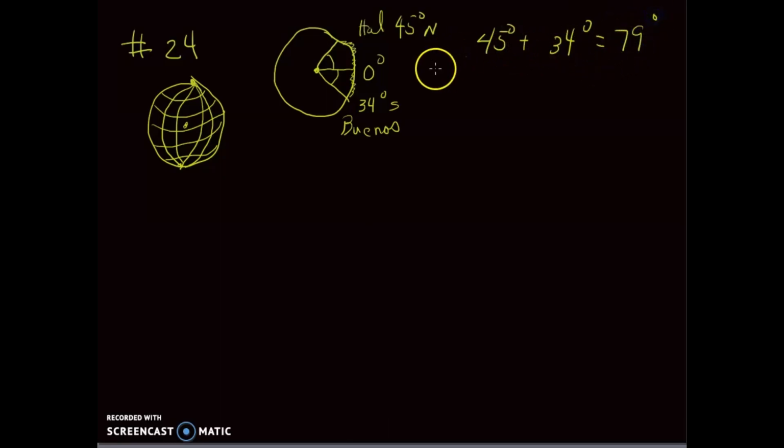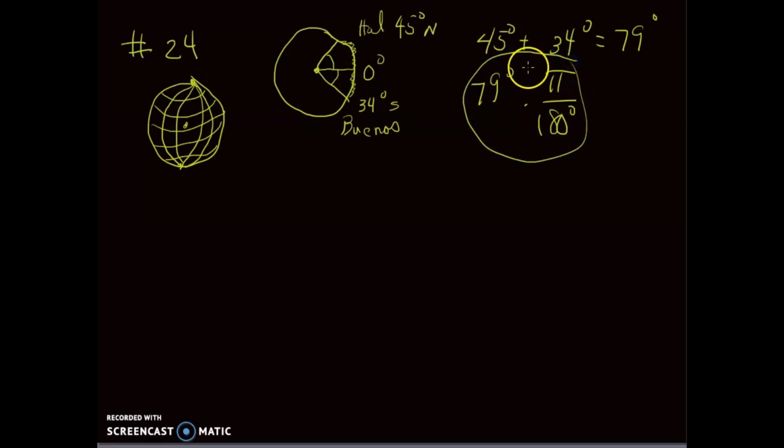We need that in radians. So 79 degrees times pi over 180 degrees. Nothing cancels very nicely, I think. So that's the angle theta in radians. The degrees cancel. That's the only thing.